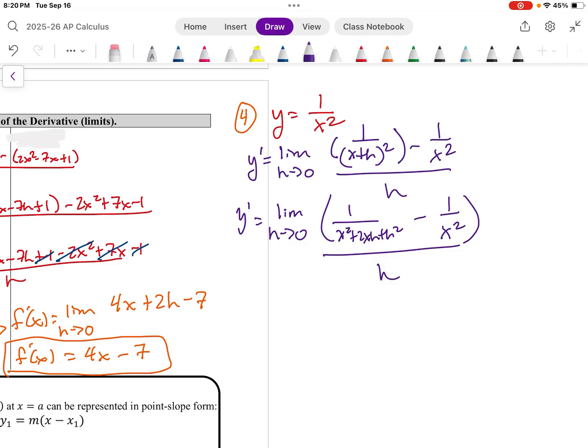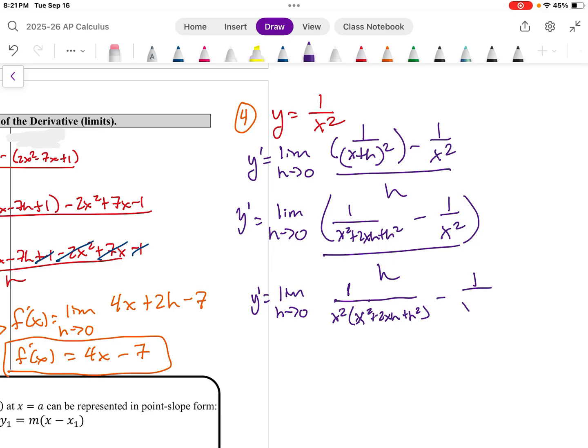So I can rewrite this as y prime is equal to the limit as h approaches 0 of 1 over x squared times x squared plus 2xh plus h squared minus 1 over x squared.